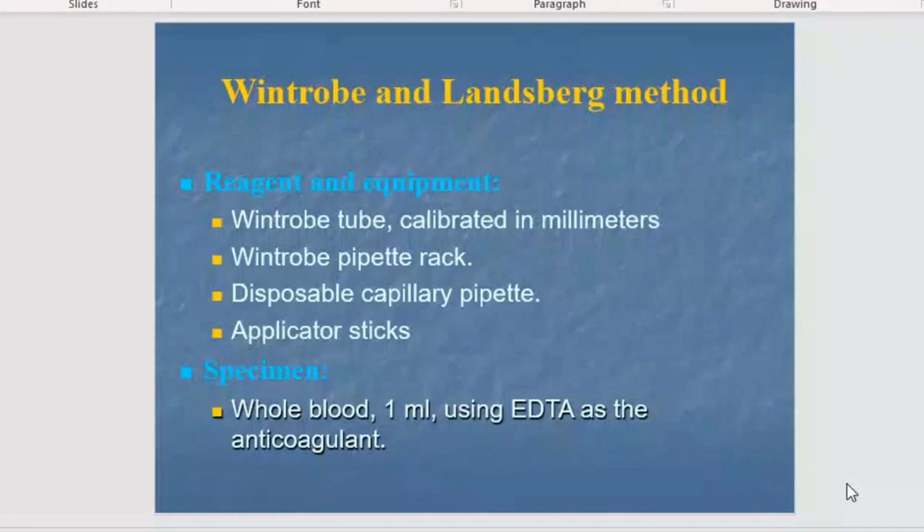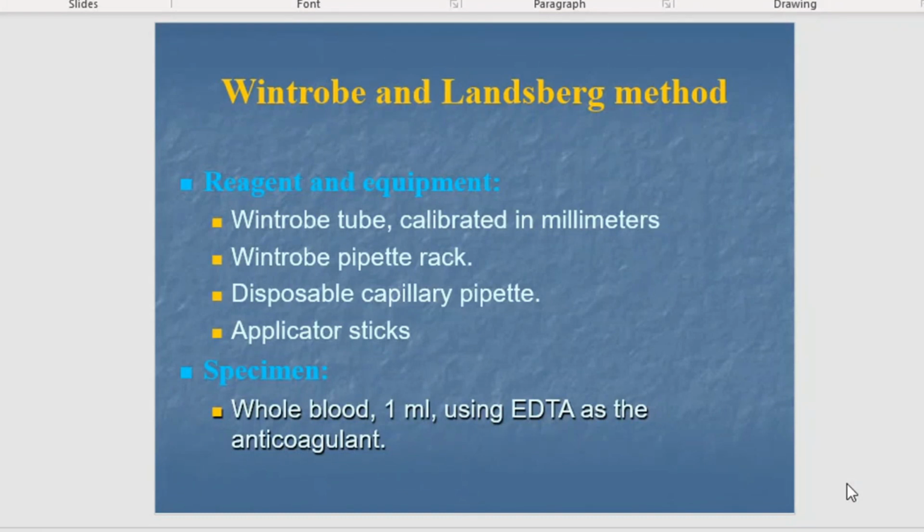And there is another method called the Landsberg method. So it requires a Winthrop tube calibrated in millimeters, a Winthrop pipette rack and disposable capillary pipette, then applicator sticks. Okay, so we use whole blood as a specimen.